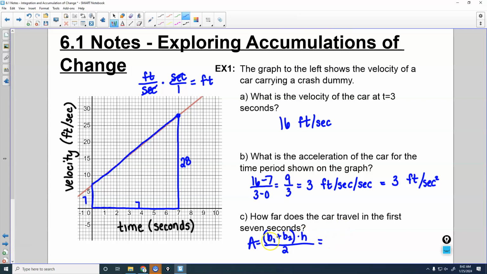So we would have 7 plus 28 times 7 divided by 2, and that is going to be 35 times 7 divided by 2. 35 times 7 is 245, divided by 2, we're going to get 122.5. 122.5 what?